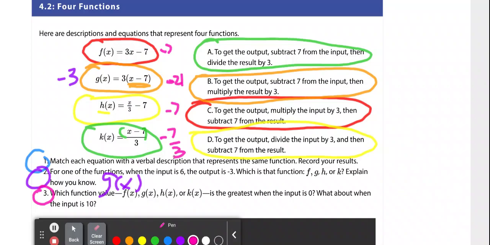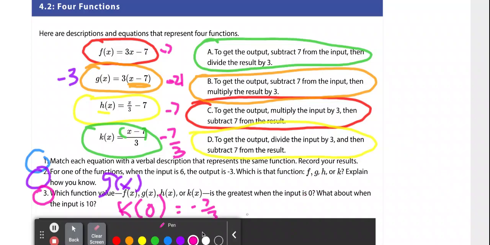So what's the greatest? Well, in this case, it's going to be the least negative. So k of 0, which is equal to -7/3, that's the greatest when the input is 0.